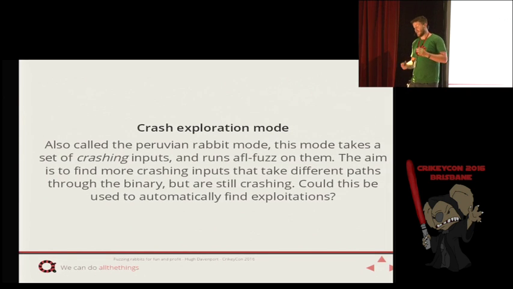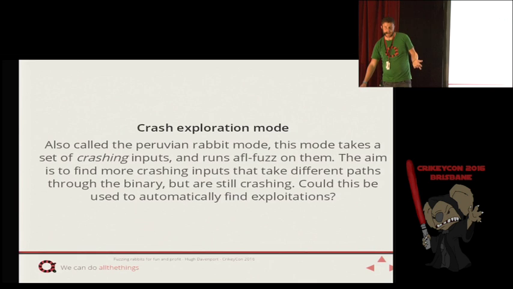So this potentially, maybe not, I haven't read of anyone that's actually done it, but this potentially could be used to automatically find exploits. I myself find it easier just to go and find the exploits manually after one crash. But it's got potential. So those are the features that I wanted to talk about.